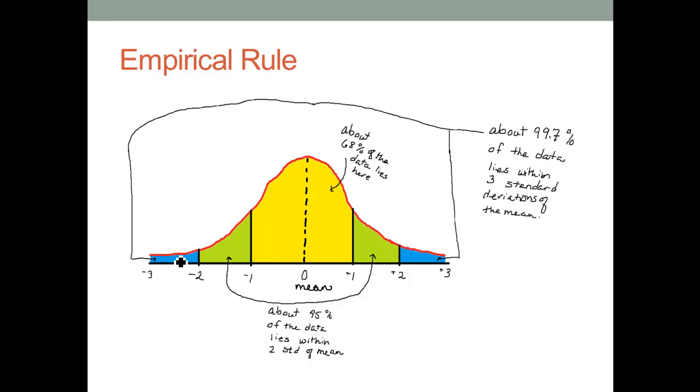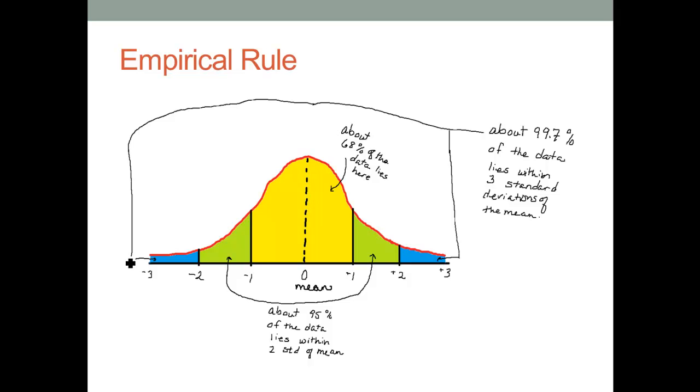And 99.7% of the data is going to be between -3 and +3. There is more data that could lie out in these areas, but those are outliers, the really strange cases.